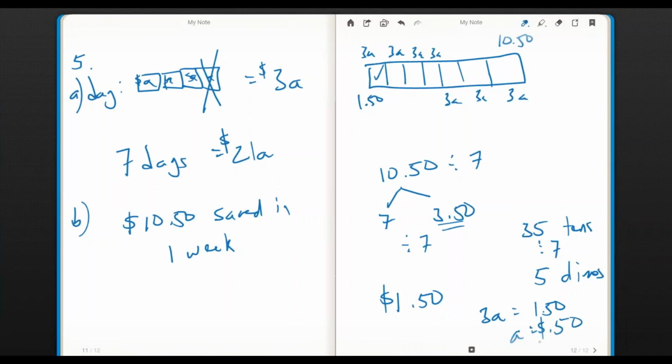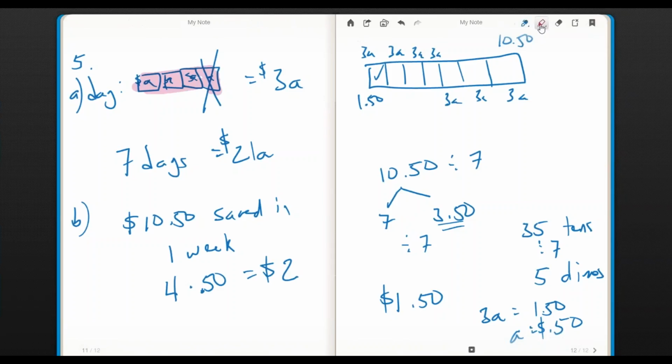And I think it's a great thing to understand, to be able to do it with logic, but don't stop yet, because the last question is, how much is his daily allowance? We know that every day he has 4A, so 4 times 50 cents is $2. And that is how much his daily allowance is.